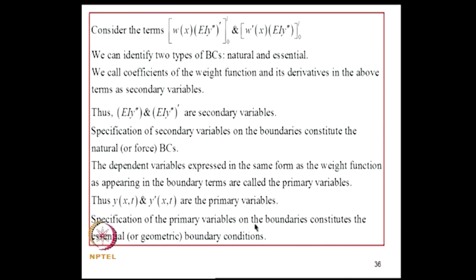Specification of the primary variables on the boundaries constitutes the essential or geometric boundary condition. So, in summary, we are dividing the boundary conditions into natural and essential, and we have now developed a prescription for classifying these variables as being primary and secondary, and the boundary condition being natural or geometric.